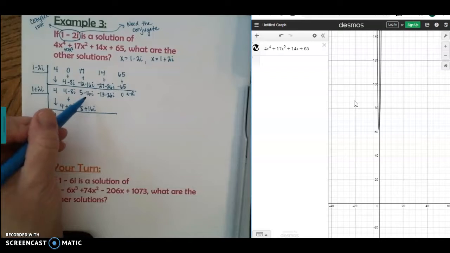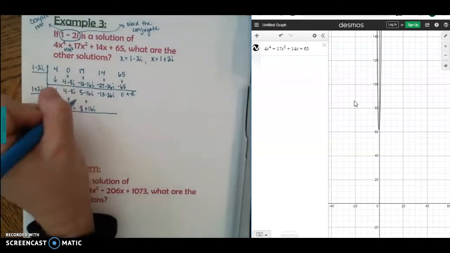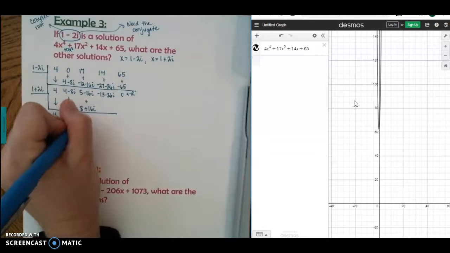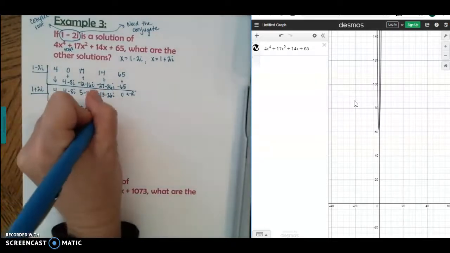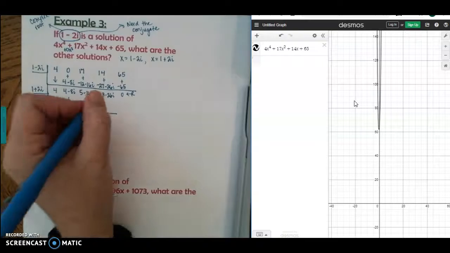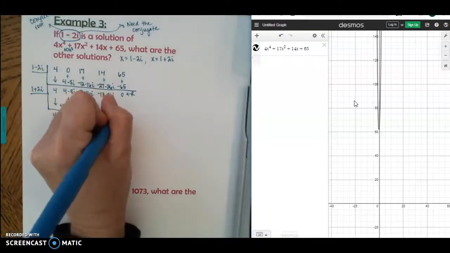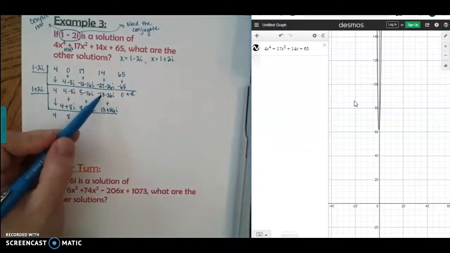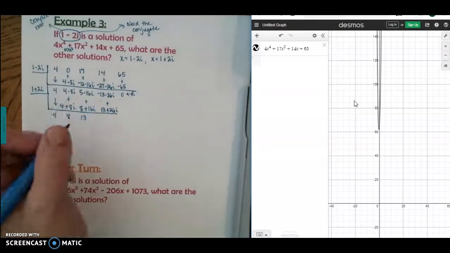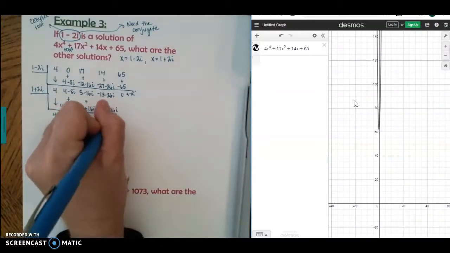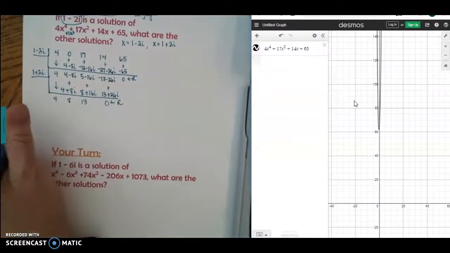So the same thing's going to happen here. The negative 16i and the positive 16 are going to cancel out. 5 plus 8 is going to give us 13. So now when I distribute, 1 times 13 is 13, and 2i times 13 is 26i. So here, negative 13 plus 13 goes away. Negative 26 plus 26 cancels out. So our remainder is 0.